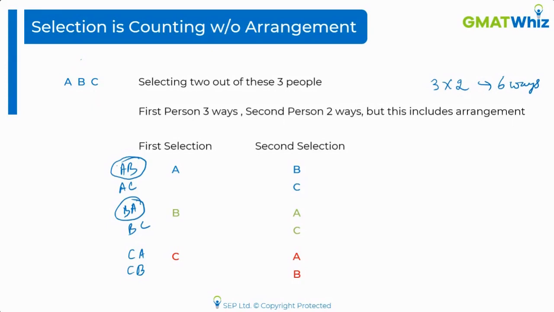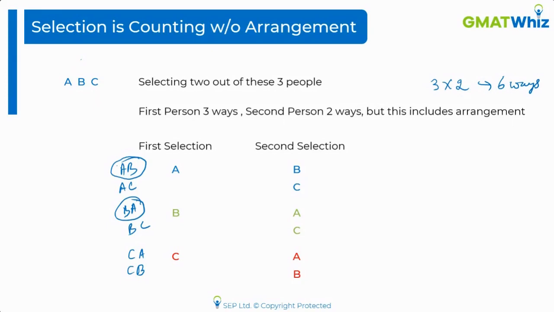And say no if you think they should be counted only once, because at the end of the day, we are selecting 2 people, A and B, in a team. Select no if you believe we just have to take one of these cases. Select yes if you feel we should count 2 times.